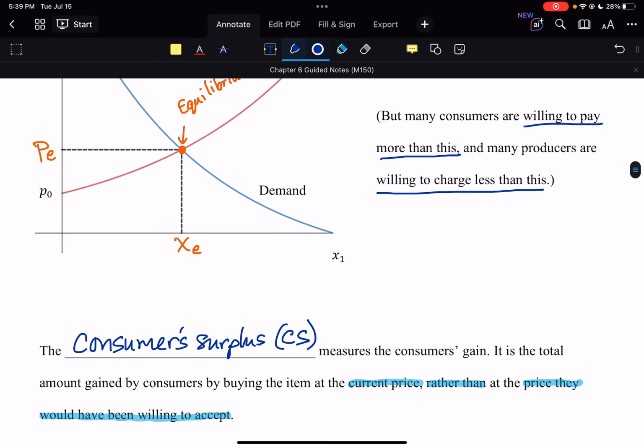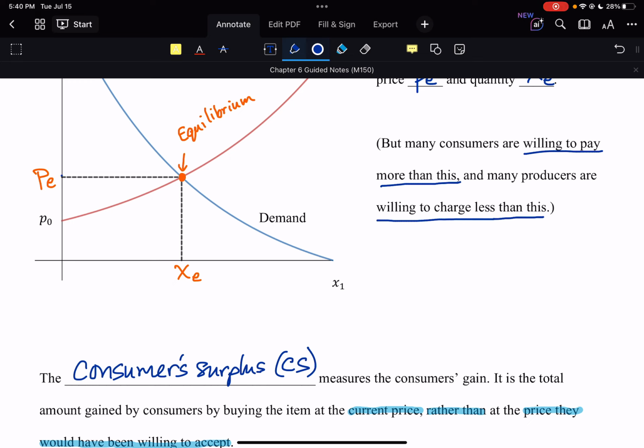Okay, so again, many consumers are willing to pay more money. Not everyone, but enough are willing to pay more money than the current equilibrium price. And so that extra money that they have saved or gained by not spending it is the consumer's surplus. Now, producers, the ones making the products, are also willing to charge less for a product if they have to.